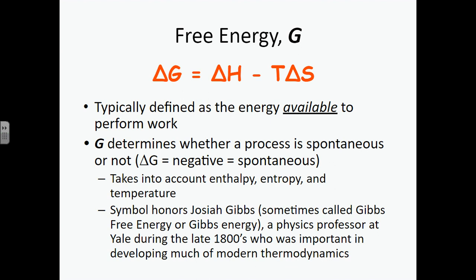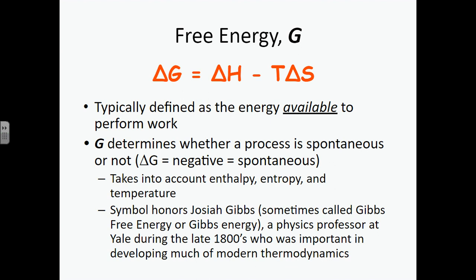Let's jump on to another concept, because we just talked extensively about entropy, and I mentioned the concept of spontaneity, but I want to try to tie it together. The big tie-in here is this equation where delta G is equal to delta H minus T delta S. Delta G refers to Gibbs free energy. If you want some history on it, it comes from Josiah Gibbs.